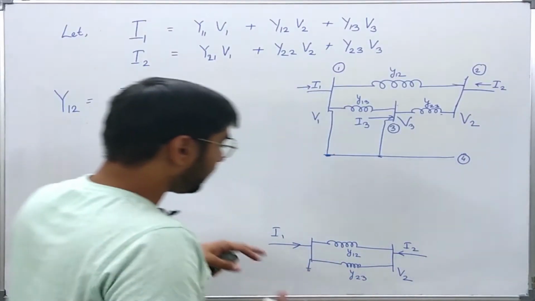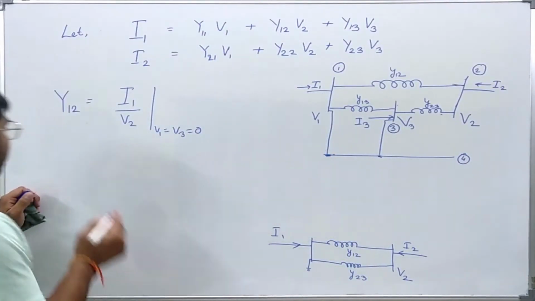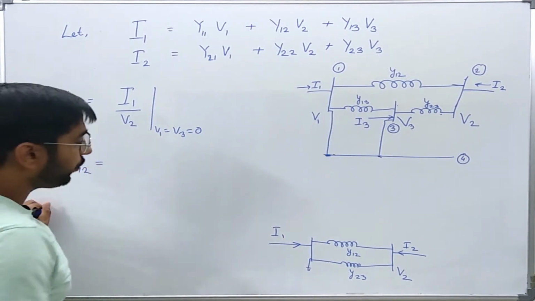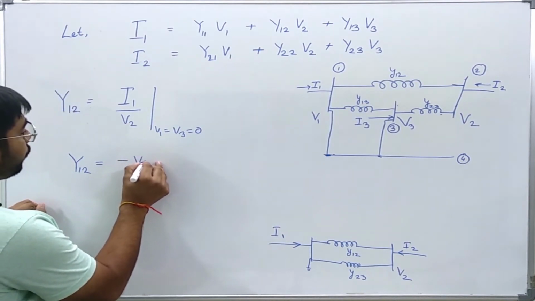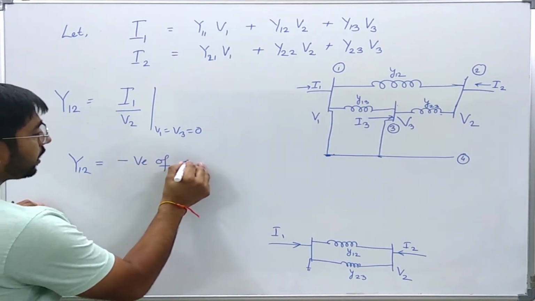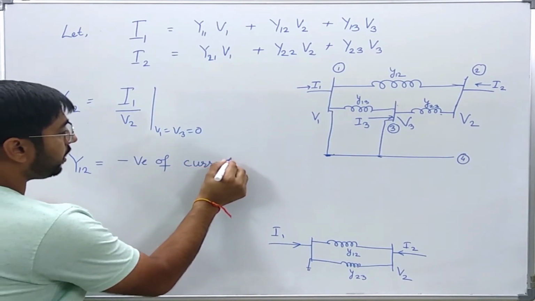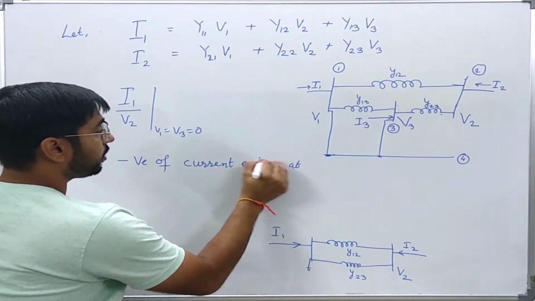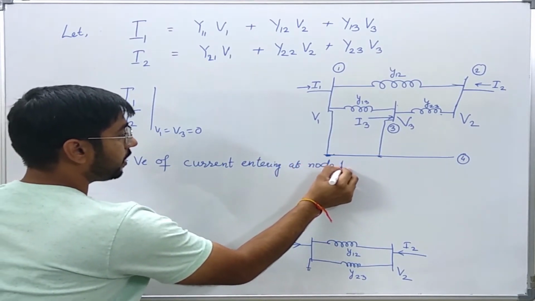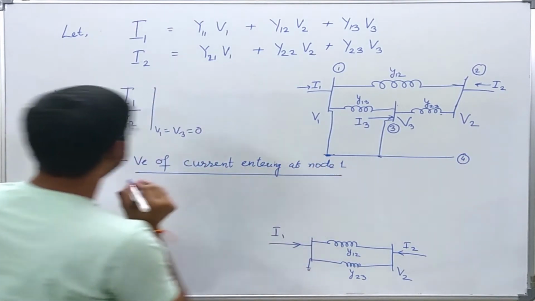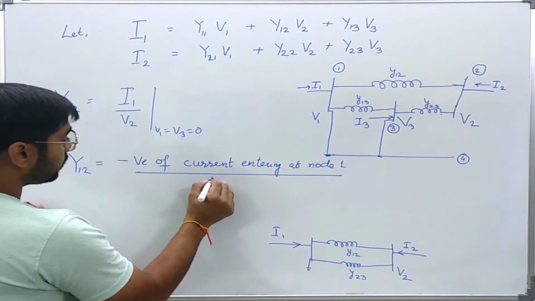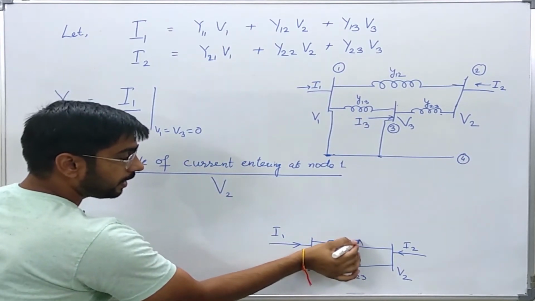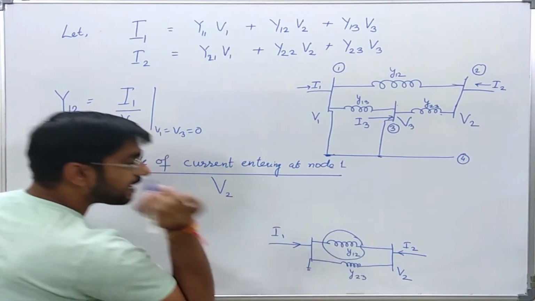Now from the given network we can easily see that Y12 is nothing but the ratio of the negative of current entering at node 1 and voltage at V2, which is nothing but the negative of this element.